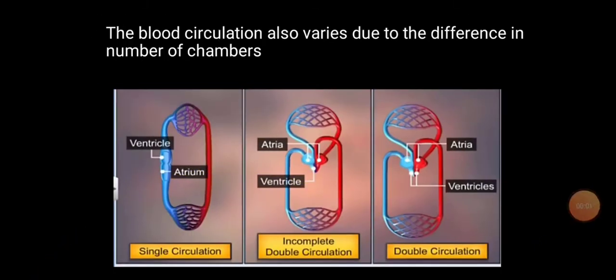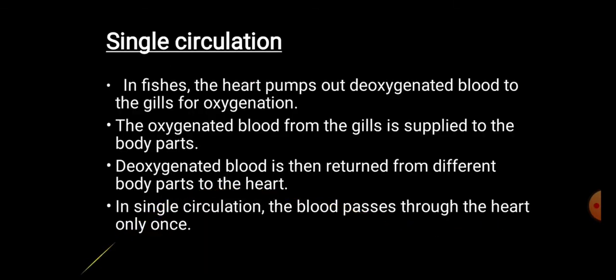The blood circulation also varies with the difference in the number of chambers. There are three types of circulation: single circulation, incomplete double circulation, and double circulation. Single circulation is seen in fishes, in which the heart pumps deoxygenated blood to the gills, and in the gills it gets oxygenated, and after oxygenation the blood directly flows into the tissues.